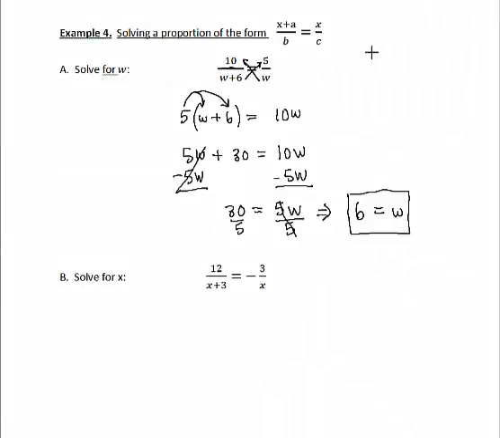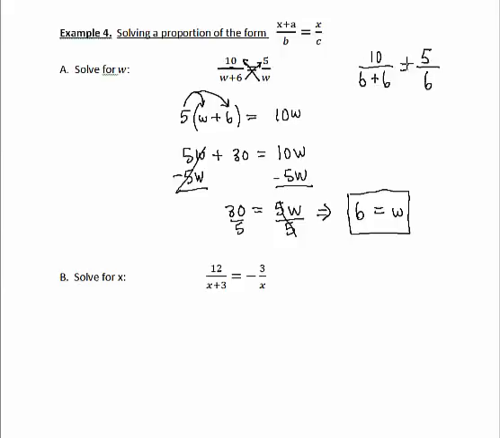For the left-hand side, we write 10. The denominator is w, which we'll replace with 6, the solution. And then we add a 6 to that. And the right side of the original equation has a 5 in the numerator, and then we place a 6 in the denominator in the place of the w.